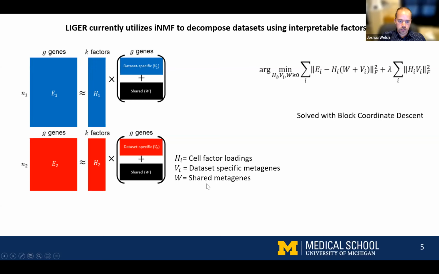And then a set of shared metagenes W that are identical across all data sets. The inclusion of this shared metagene matrix is really the secret sauce that allows the H's to correspond across data sets, because we have this regularization penalty that minimizes the amount of the reconstruction that comes from H and V, which has the effect of maximizing the amount of information that's in the shared metagenes.